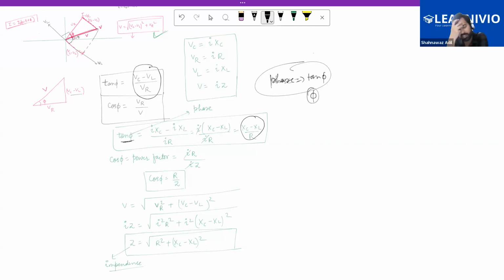If voltage is given, then you use that one. If reactances are given, this is how you calculate. Quickly note down this thing, and then we'll talk about it together. Only this part is important. If we remember this triangle, then the other things we can just write down.